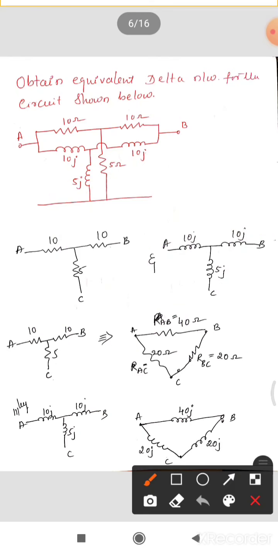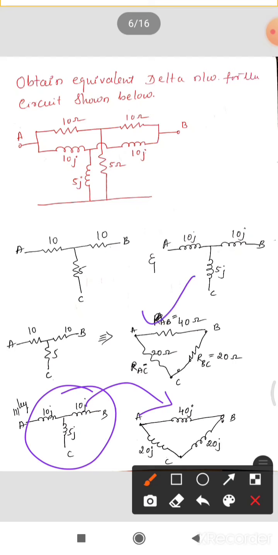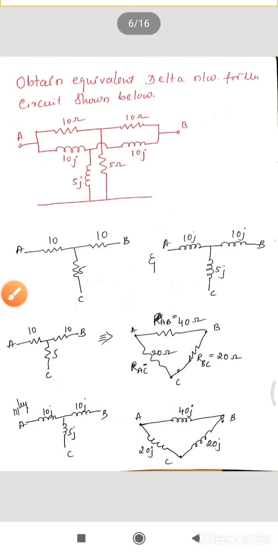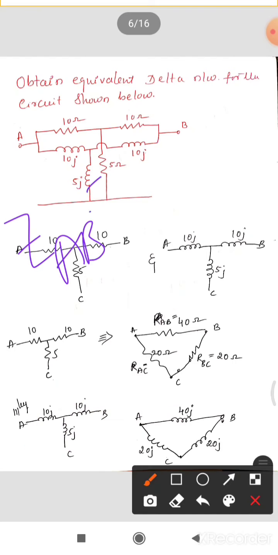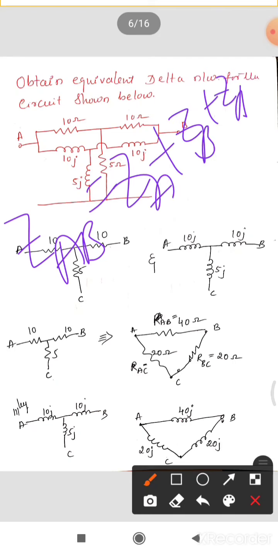Similarly, you can calculate the star into delta form for the second circuit. The method remains the same; I have just substituted resistances here, and here you have to substitute in terms of impedances. Instead of RAB, it will be ZAB, equal to ZA plus ZB plus ZA ZB divided by ZC.